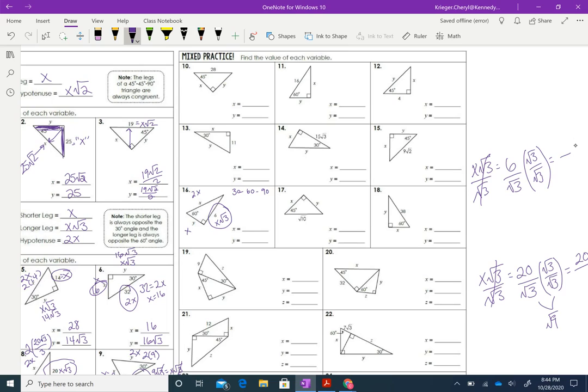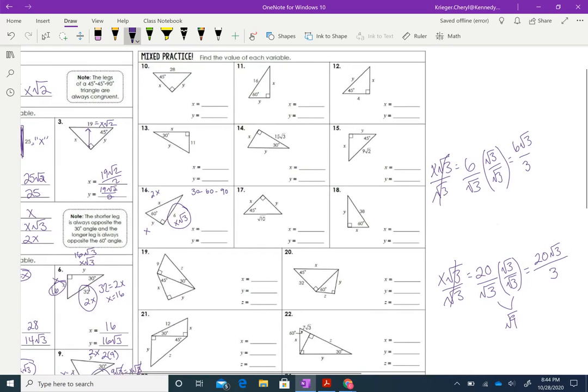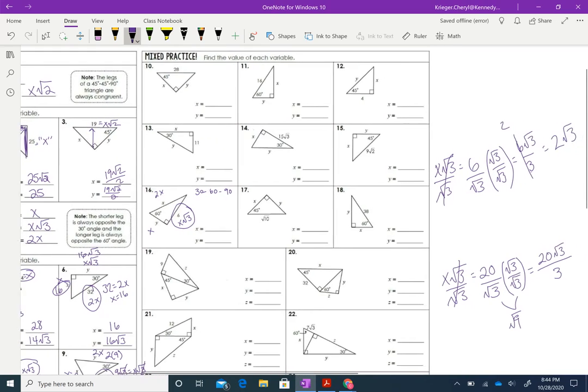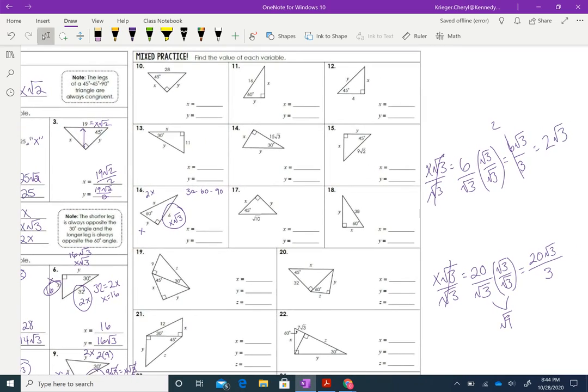So this is 6 square root of 3 over square root of 9, which is 3. And then this one we can reduce to 2 root 3, right? Because 6 divided by 3 is 2. Okay, so our x is 2 root 3, which is our y, right?